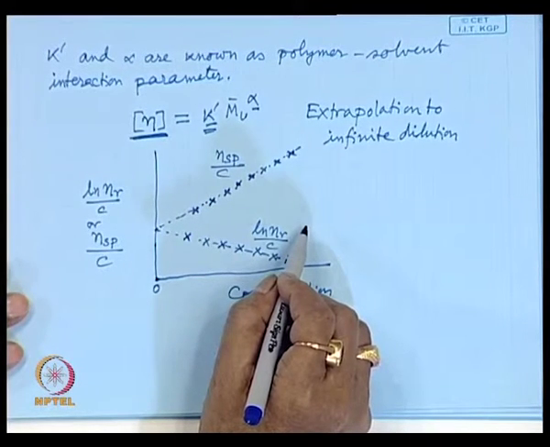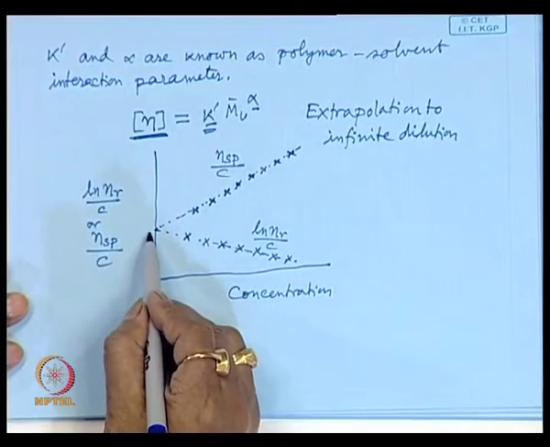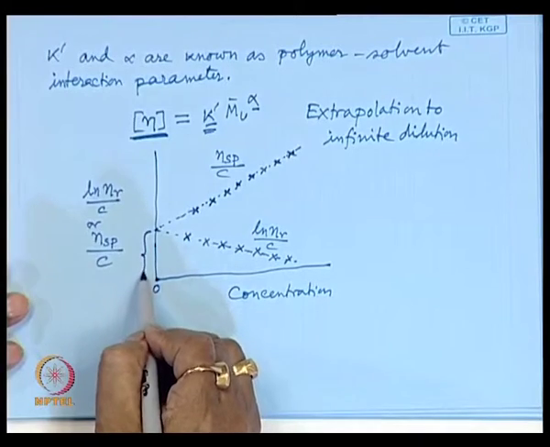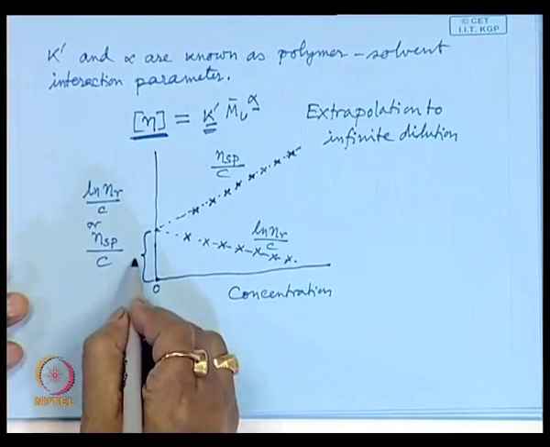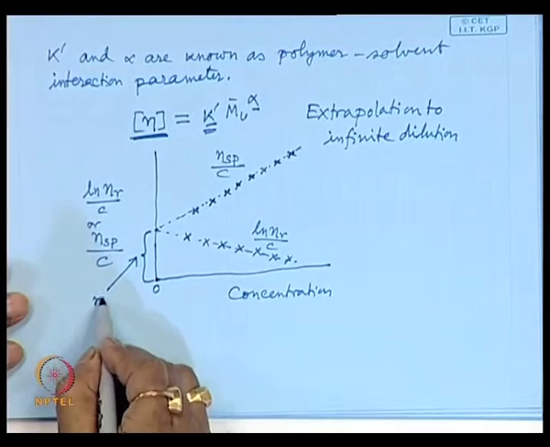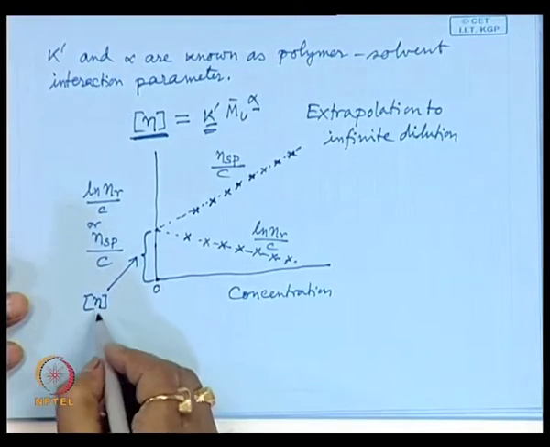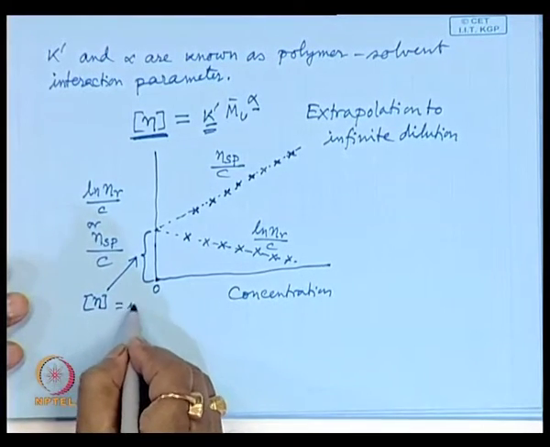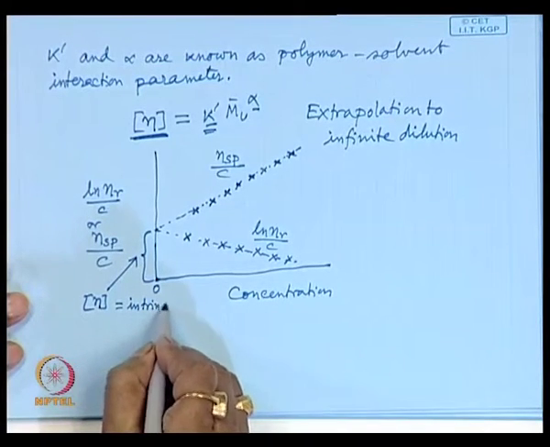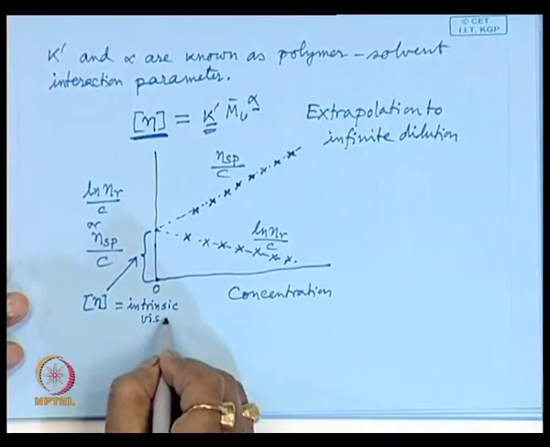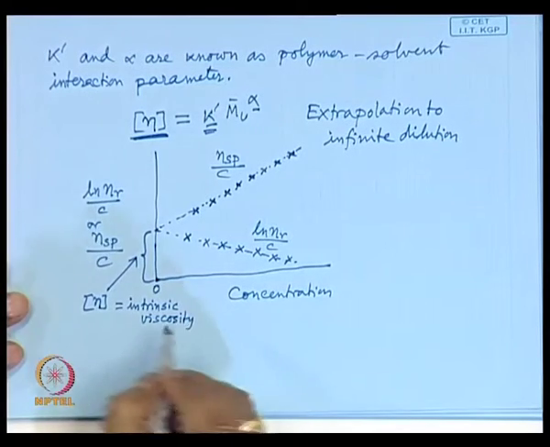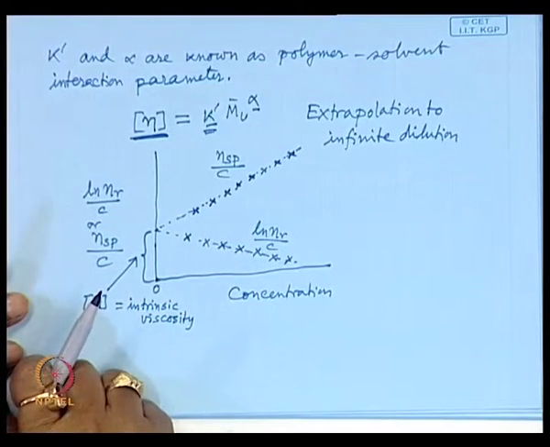Now, this value is known as eta intrinsic or intrinsic viscosity. Do you understand? Intrinsic viscosity. Why is this necessary? Extrapolation to infinite dilution.